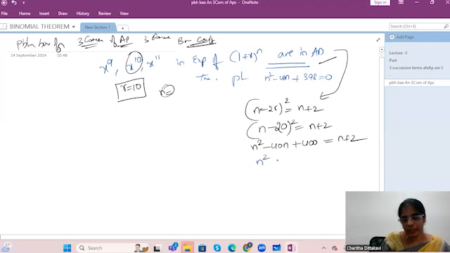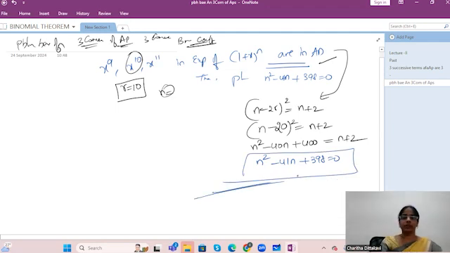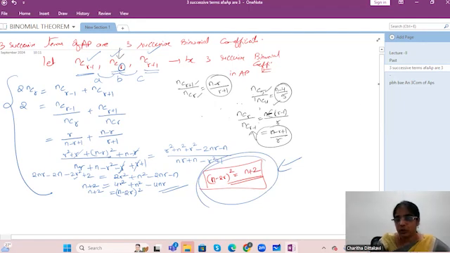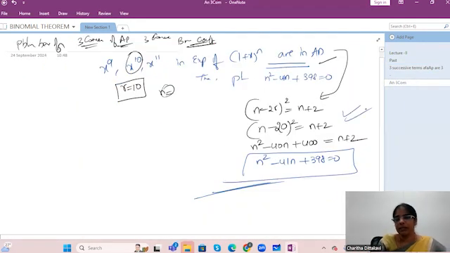So you can go with your n square minus 41n plus 398 equal to 0 is your required end result for the problem. Understood? So we have done all this simplification whichever is necessary prior and we got a beautiful formula. Right?